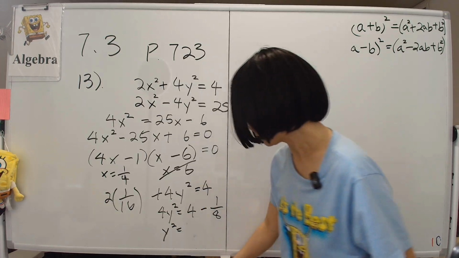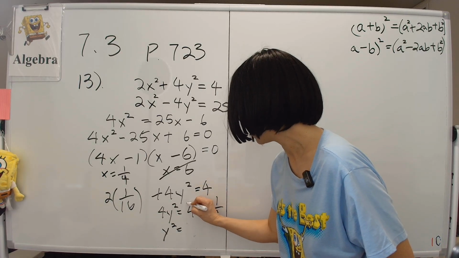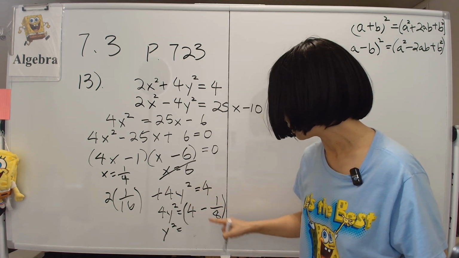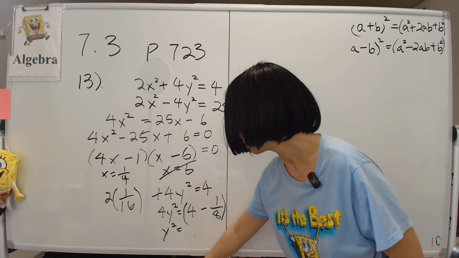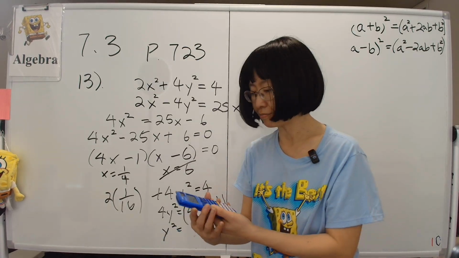So to do it on the calculator, as always, let's put parentheses on it because we're dividing by a difference. These things get divided by 4, so let's put them in parentheses. Otherwise, the calculator will get confused.